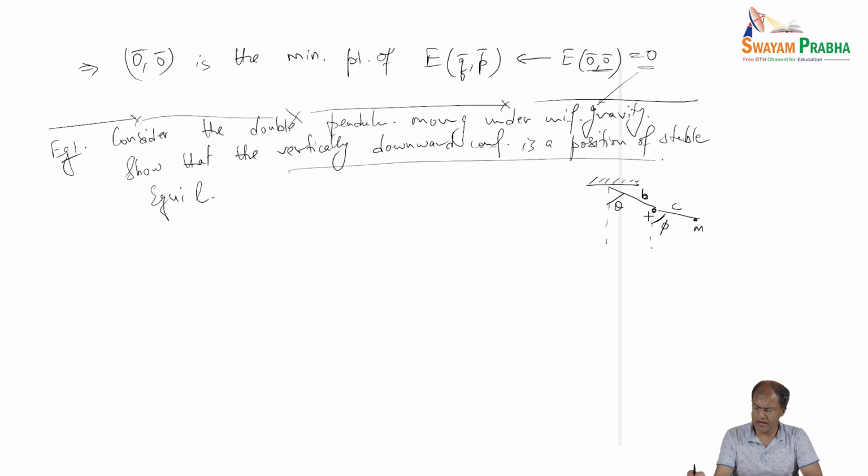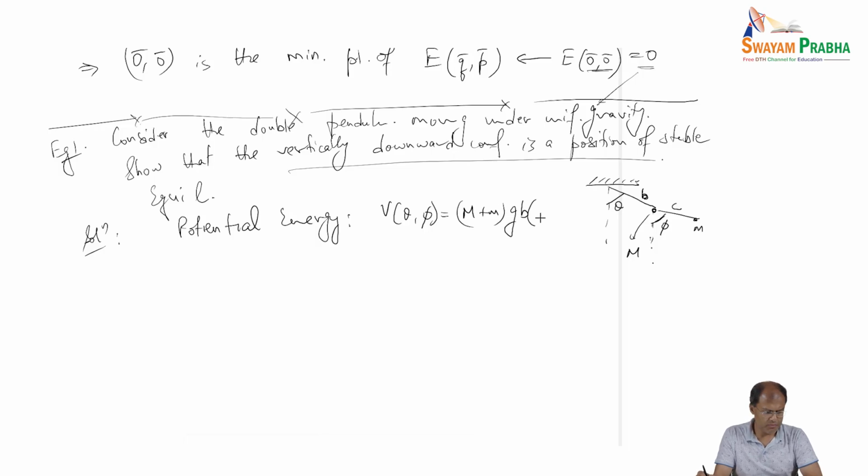So we have B and C. The two masses are capital M and small m, and recalling our result from a few modules back, the potential energy of the system V of theta comma phi is small m plus capital M times g b times 1 minus cos theta, plus small m g c times 1 minus cos phi, right?